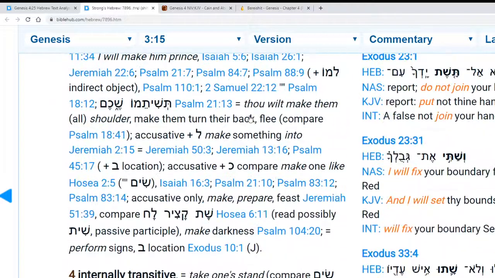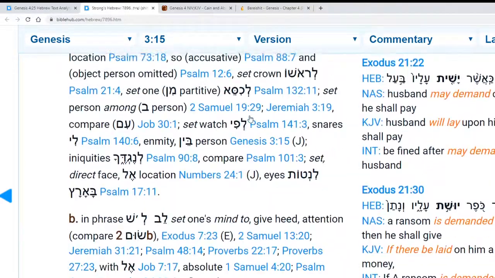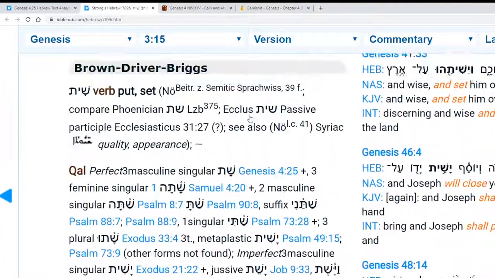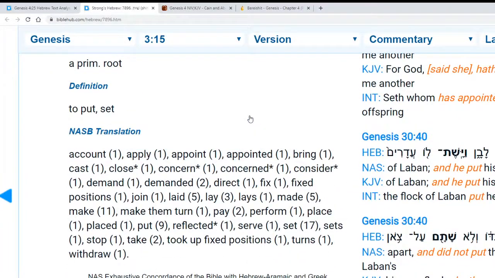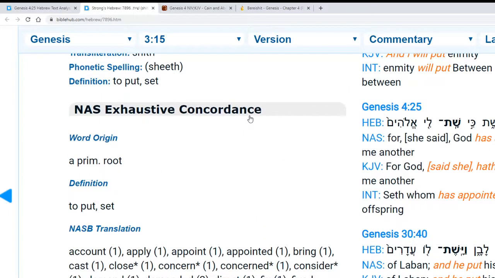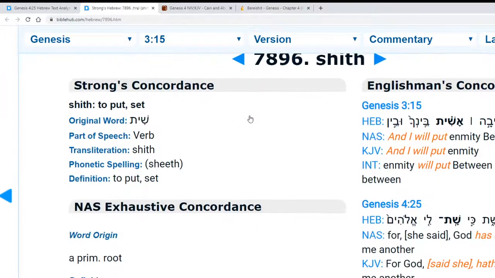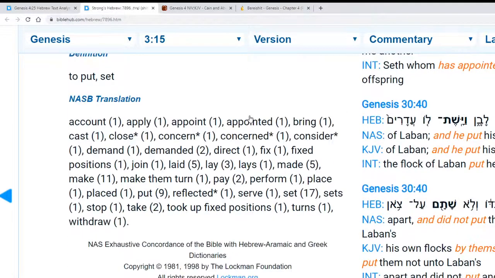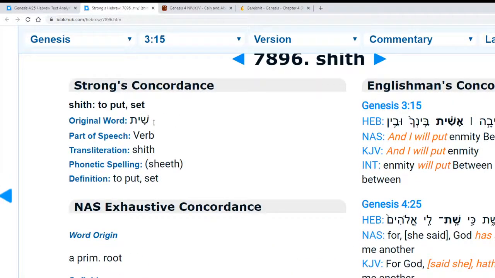Oh, you can look at the concordance there. To position, to put. The root they have here is shin yud tet. Okay, interesting.